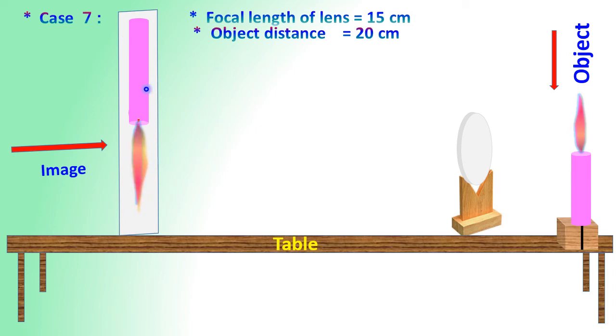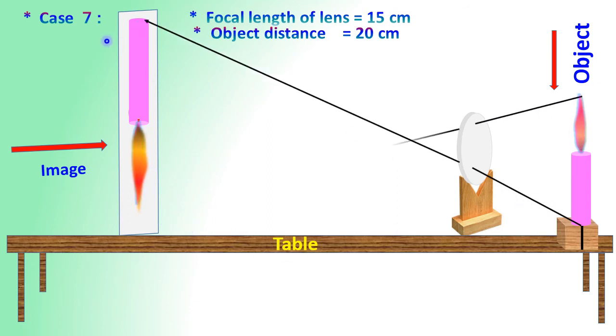If you observe the image, the size of the image is more than the size of the object. That means it is the magnified image. The image is magnified and inverted and real. These are the properties. And before going to study the properties, let us measure its distance from the lens.